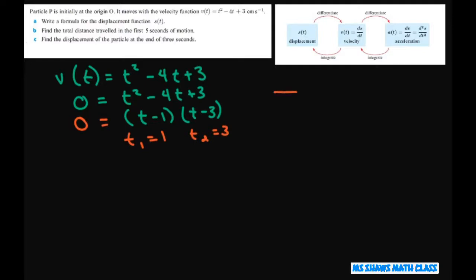So let's do a little sign diagram. I'm going to do 1 and 3. And we also know that s of t equals t cubed divided by 3 minus 2t squared plus 3t.